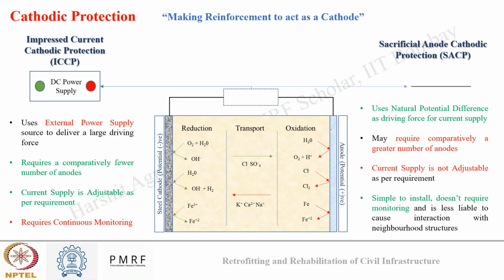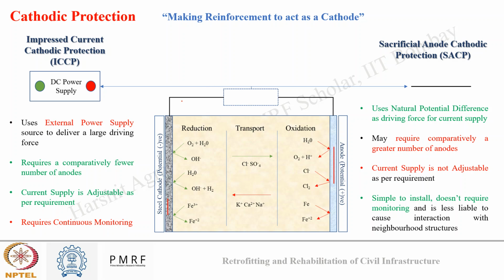Okay. So in this image, you can see both the repair techniques have been illustrated in a simpler manner and compared also. So this is my steel rebar, this is my concrete medium, and this is my external anode.